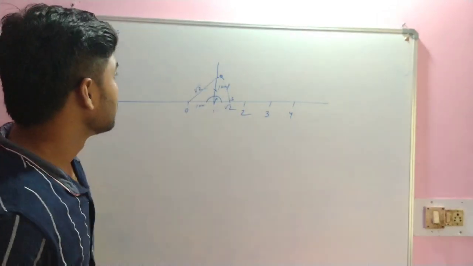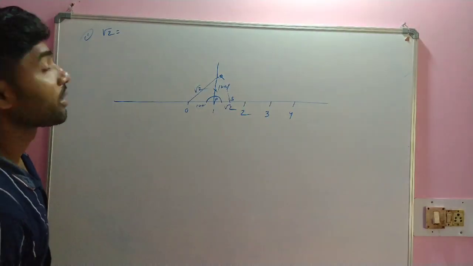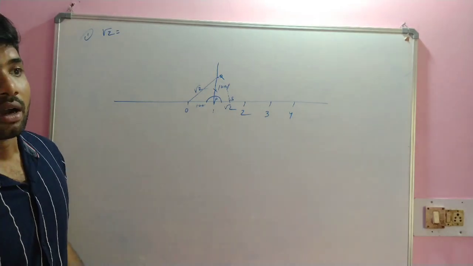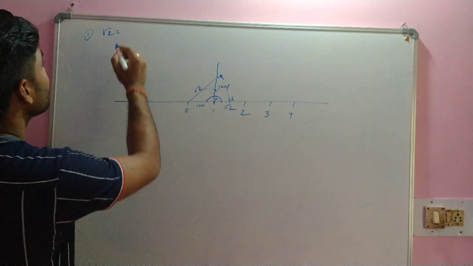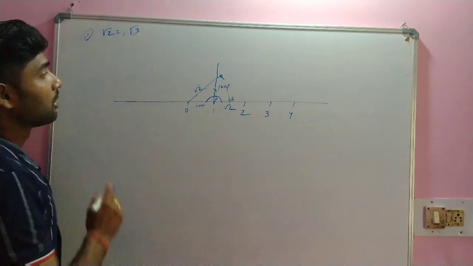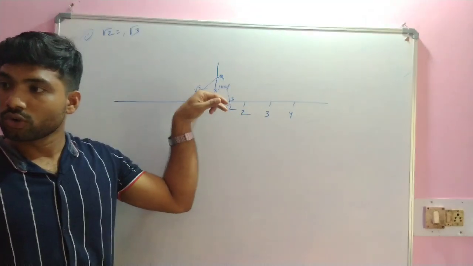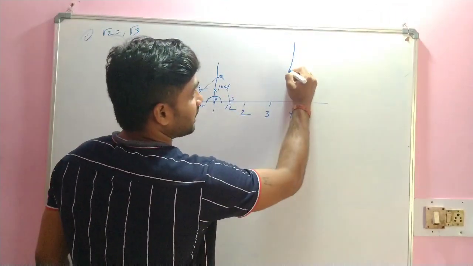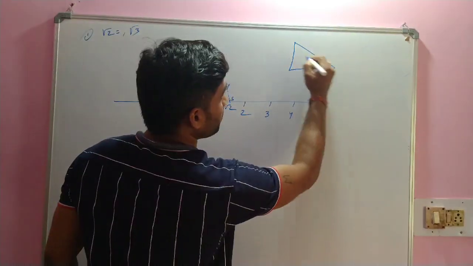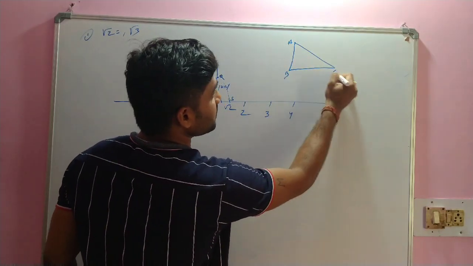Similarly, how can you represent the irrational number root 3 on the number line? Already you have drawn root 2. Suppose it's a right angle triangle ABC.